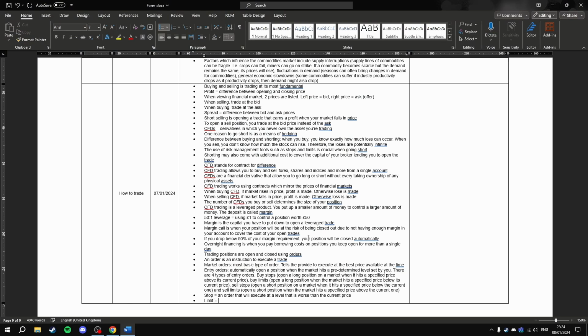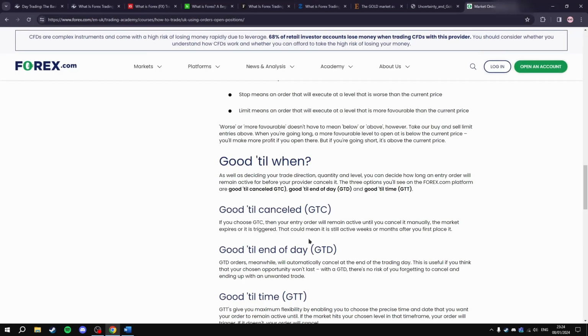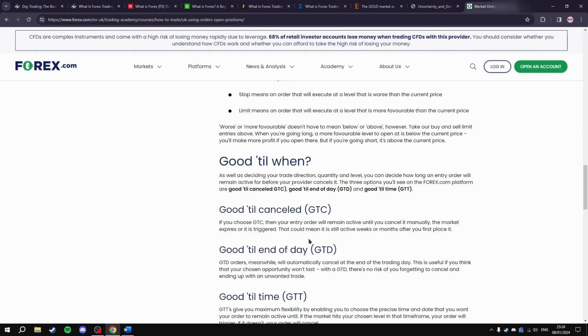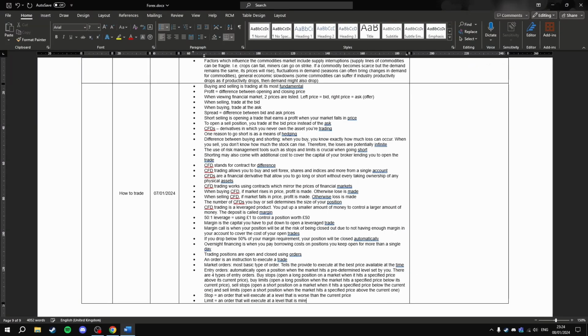A limit is an order that will execute at a level that is more favorable than the current price.